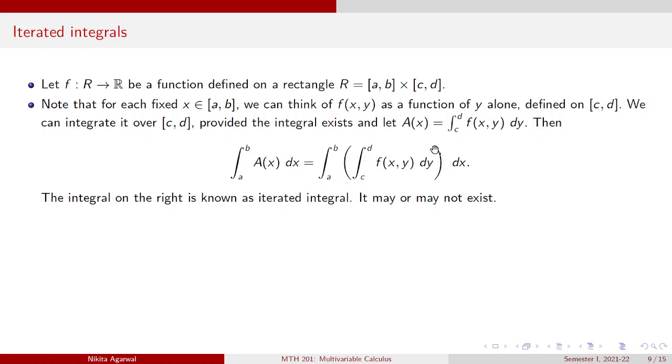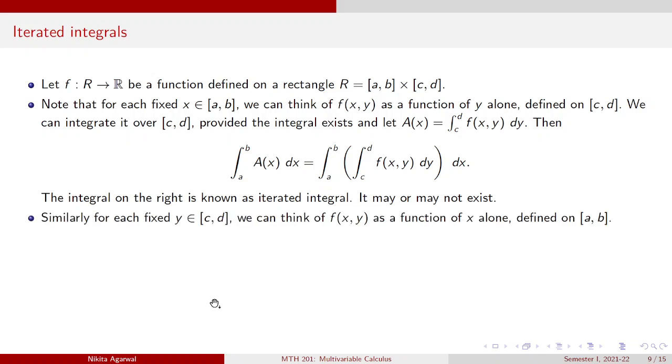You have this inside bracket which is a function of x, because you have integrated over y. Once you have done that, you do integration over x. So how does one read this? You first start from inside and then move outside. So you integrate over y first and then x. The integral on the right is known as an iterated integral, and it may or may not exist. We don't know. So even when the inside integral exists, we don't know if the outside integral would exist.